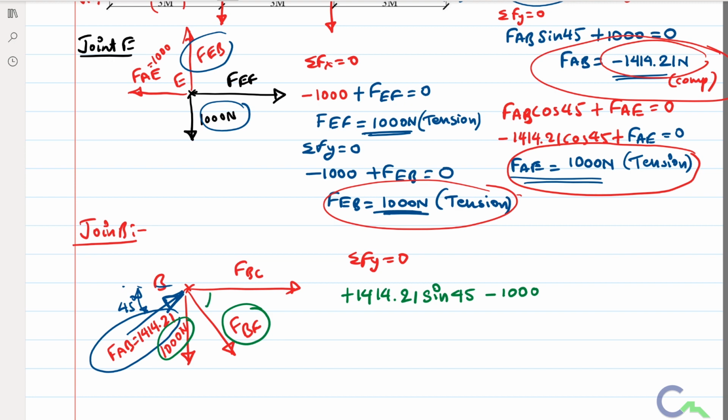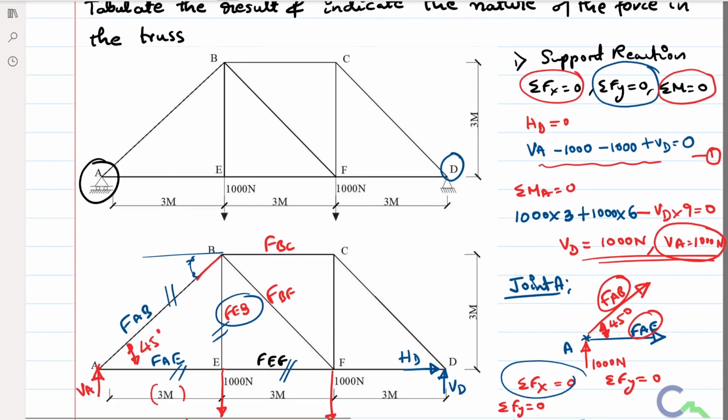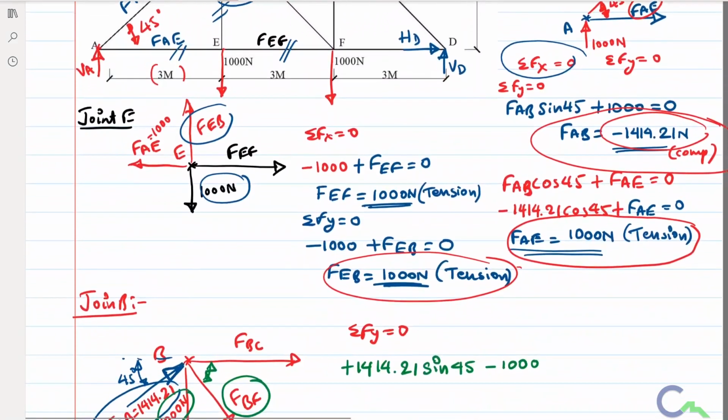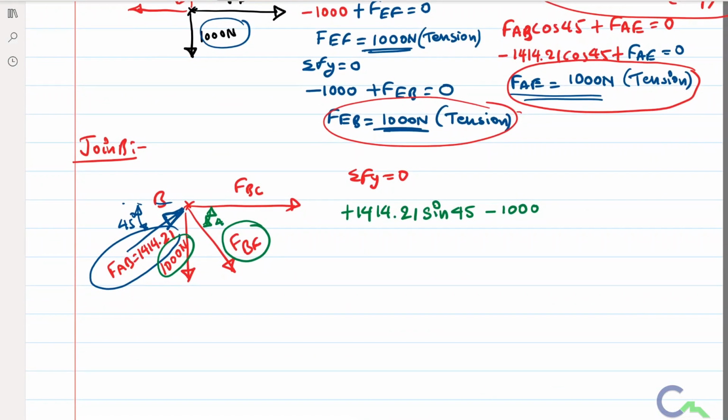So if I see the angle in the figure, this will be 45 degree because 3 and 3 meter, tan inverse of 1 will be 45 degree. Therefore I will take this as 45 degree. Angle is given with respect to horizontal, therefore vertical component will be sine.